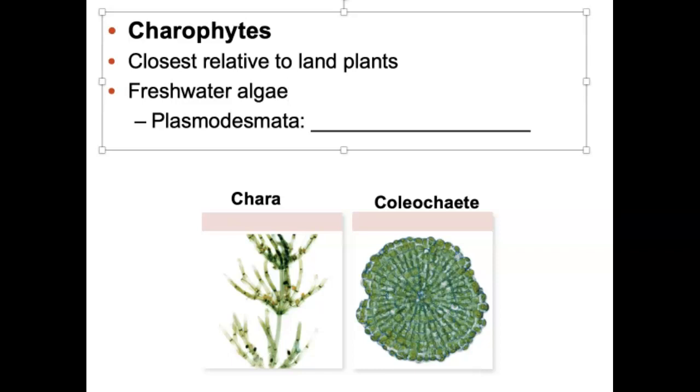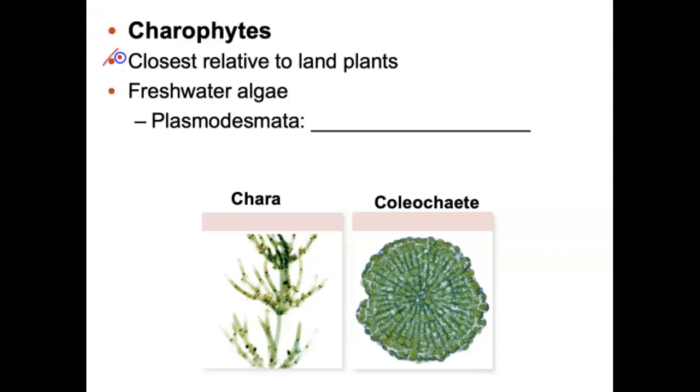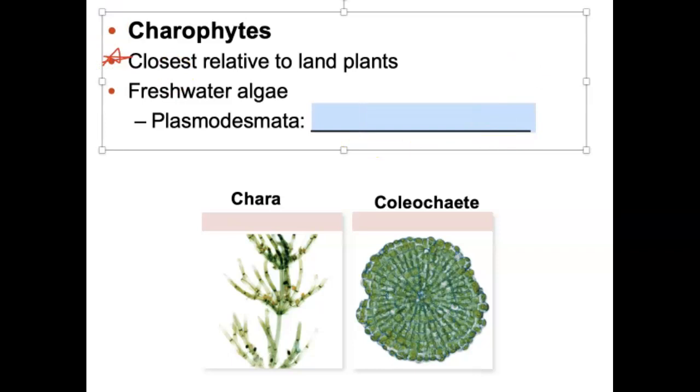A big feature of these guys that makes that connection to the land plants, so they're the closest relative, is this structure known as a plasmodesmata.